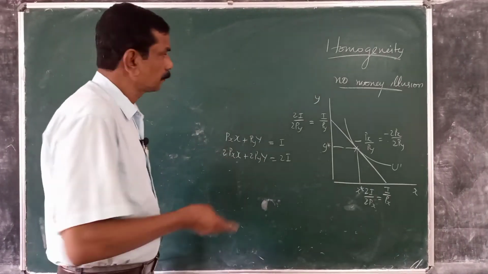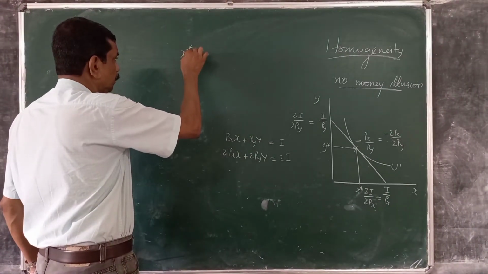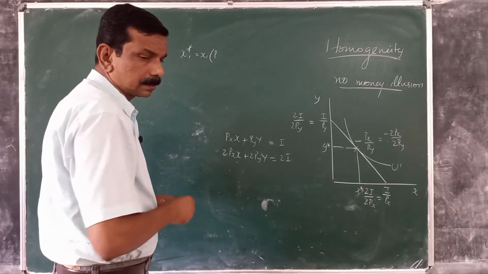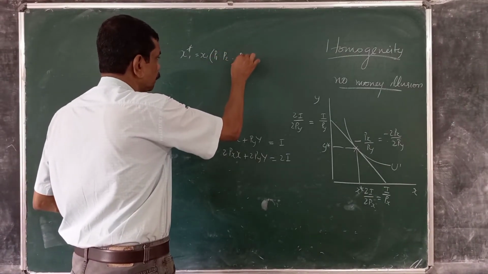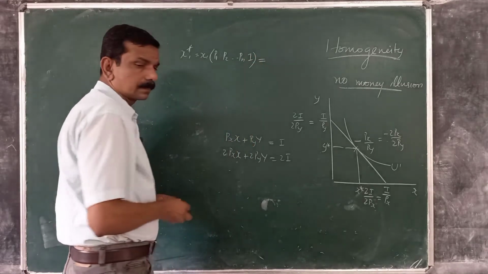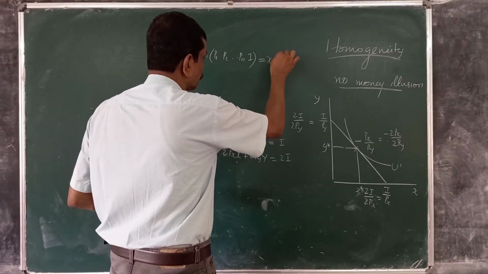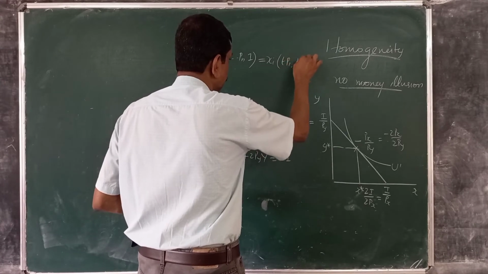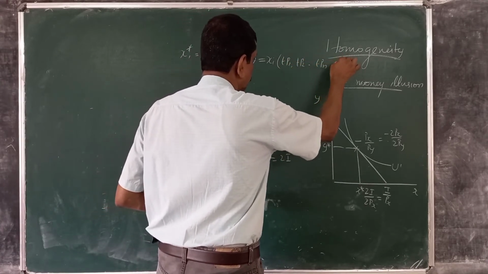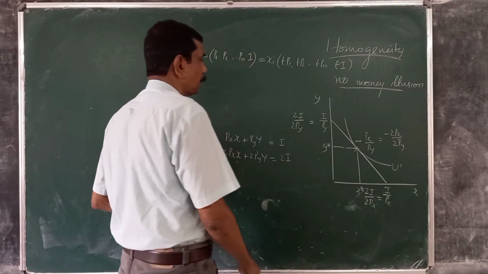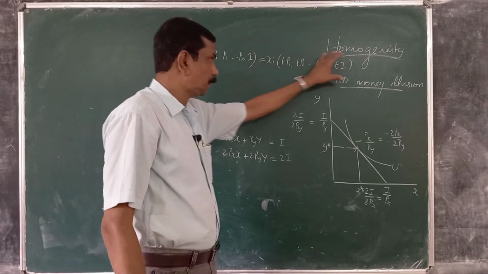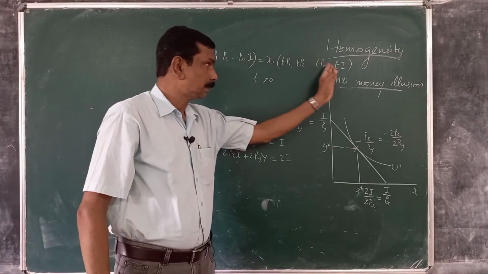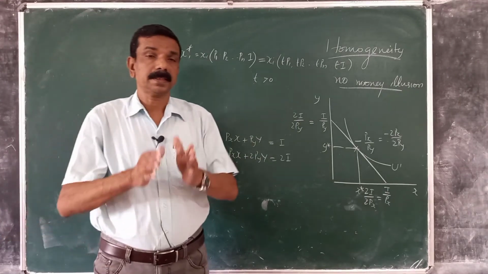Now, more technically, suppose that x star i is equal to xi of p1, p2, up to pn and I. If I multiply all the prices p1, p2, up to pn and income with a constant t, where t is greater than 0, and the optimum quantity is the same, this is the definition of homogeneity in technical terms.